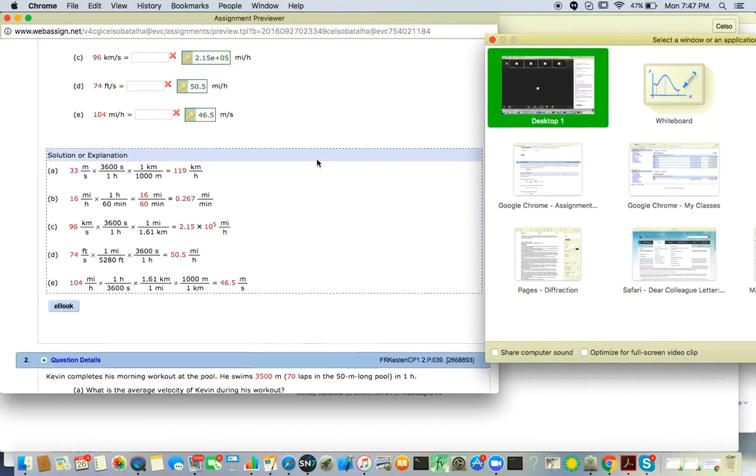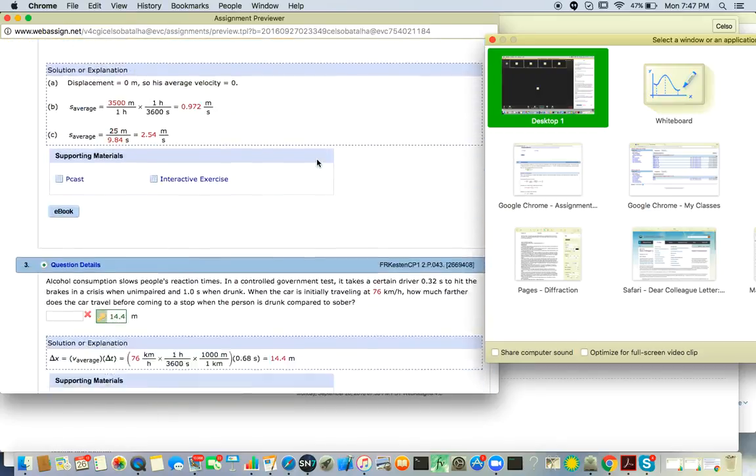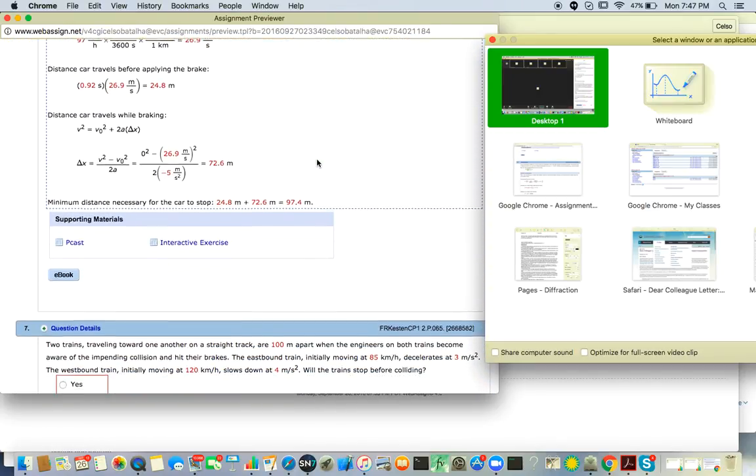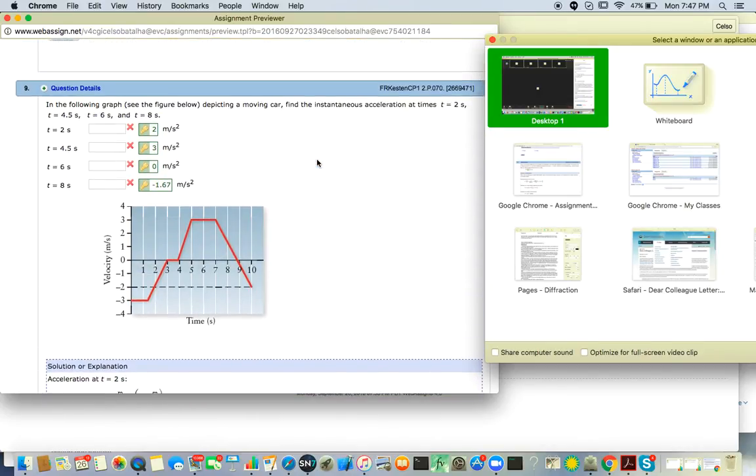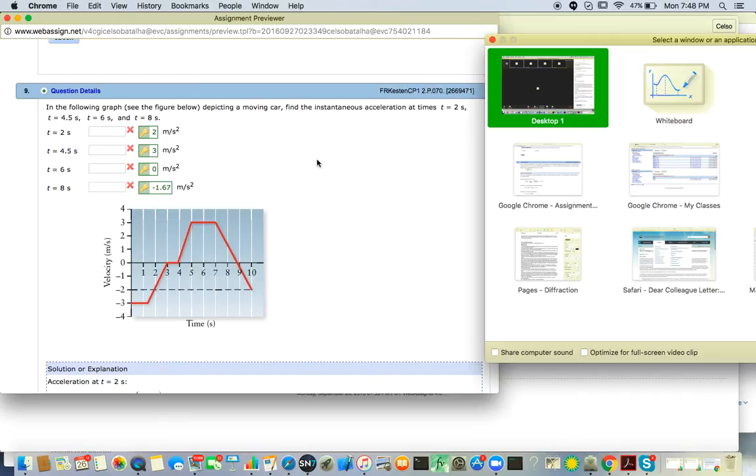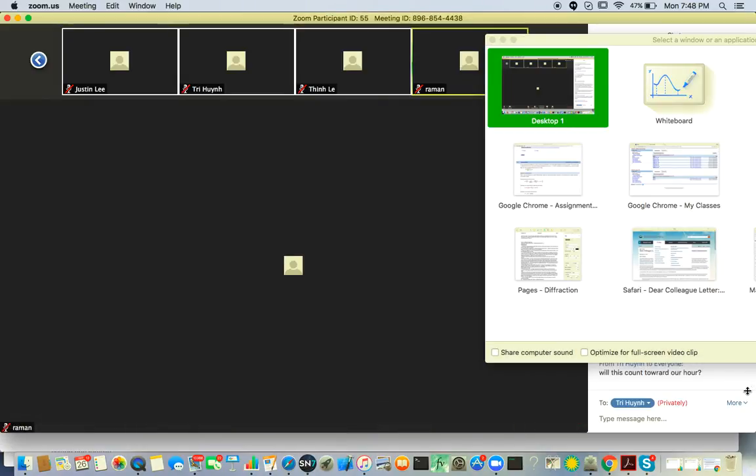The chapter 2 homework, I don't see any graphic problem. Who is asking this? Can you please unmute your microphone? Is it problem 9? Okay, I'm assuming it's 9.